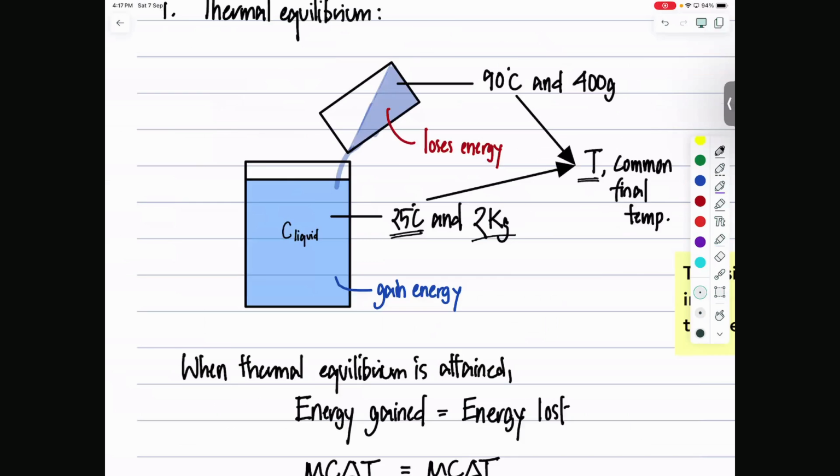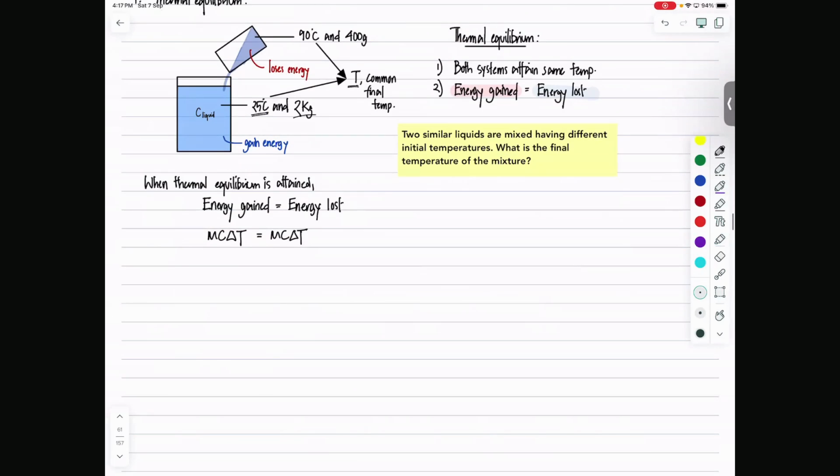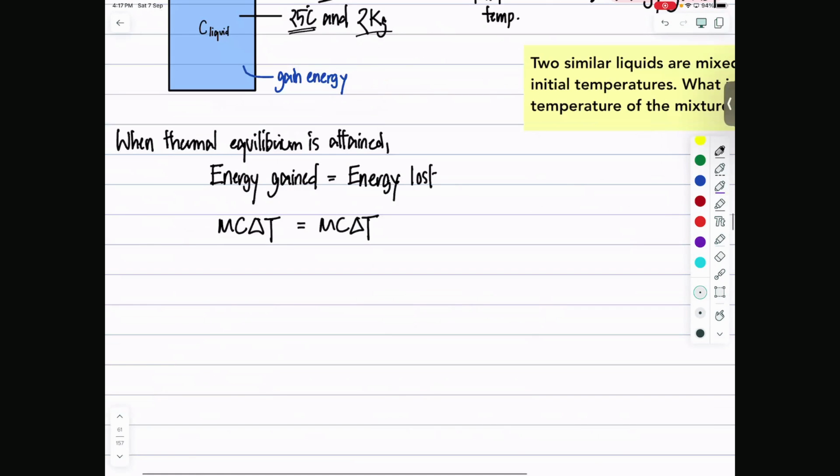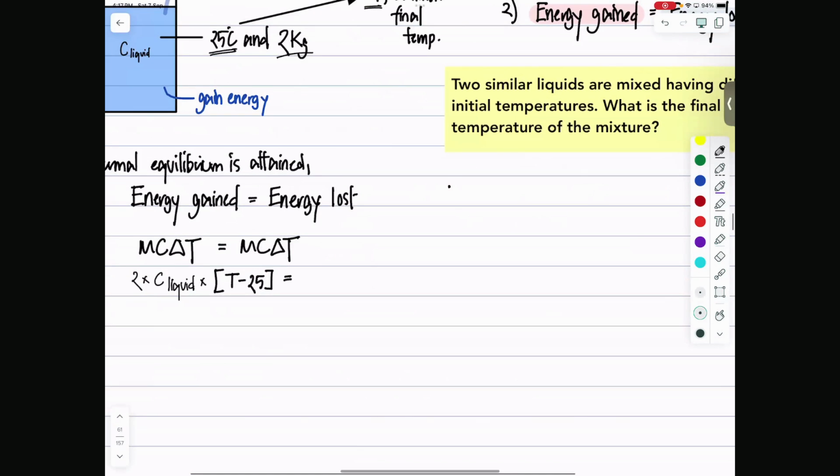T minus 25. Okay, so I'll add one thing on the side. The mass is 2, into specific heat capacity C of liquid, which we do not know, into change in temperature. Always go for the big one minus the small one because we want a positive change, right? So T minus 25 is the change in temperature.